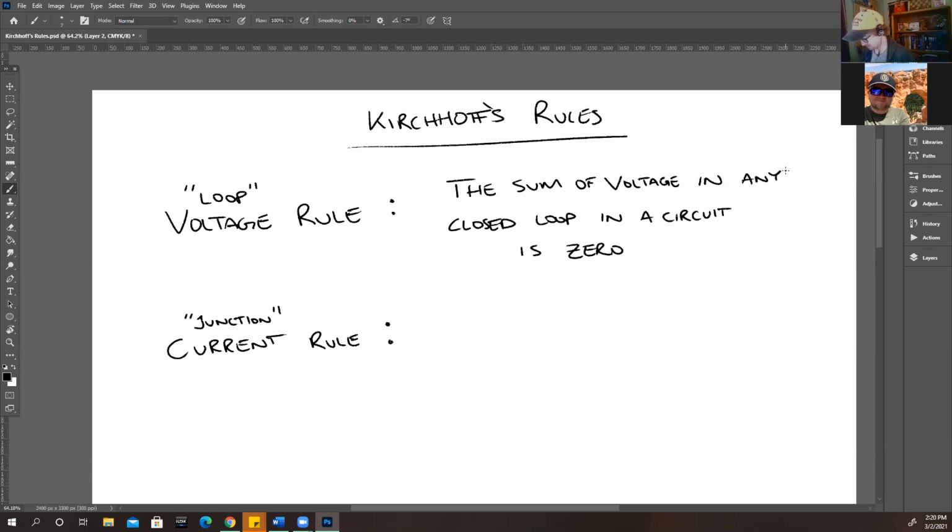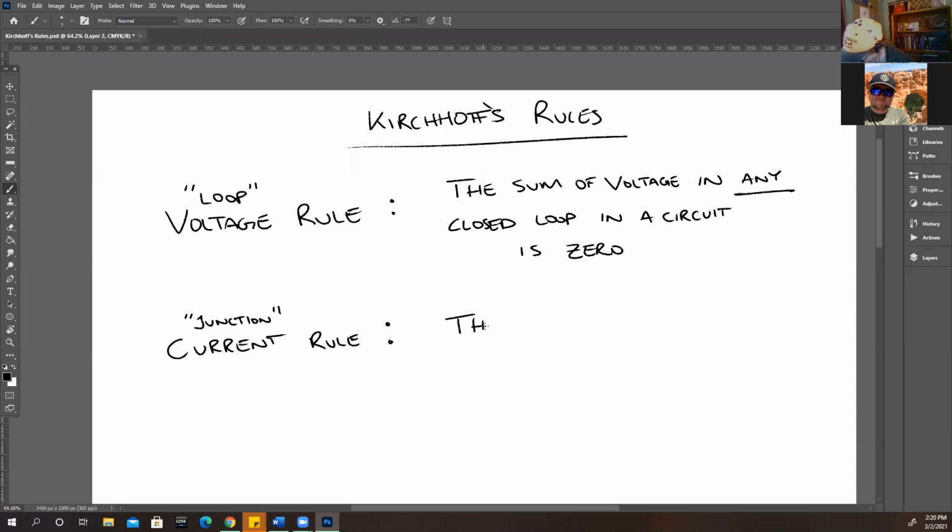Let me emphasize any, in any closed loop. I will highlight that in a bit. The junction or the current rule states that the current flowing into a junction is the same amount as the current flowing out of the junction.